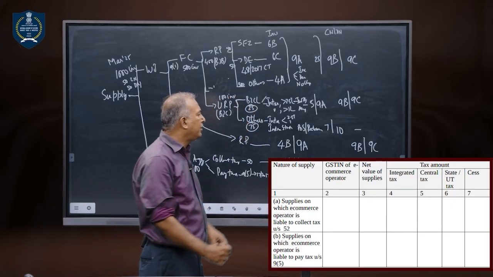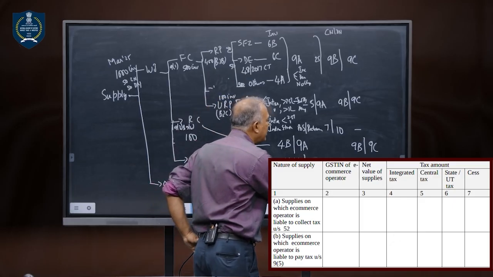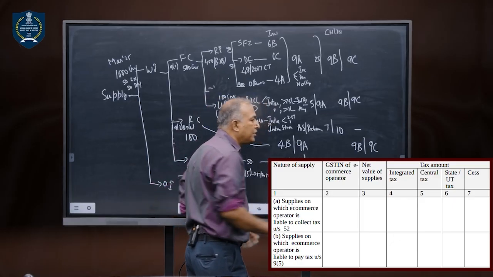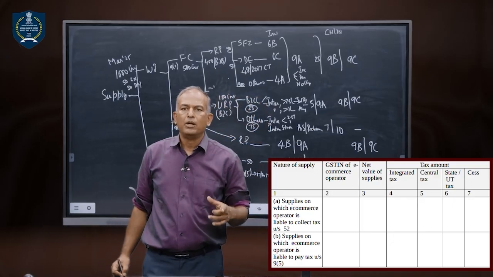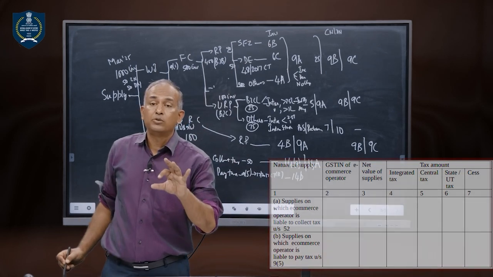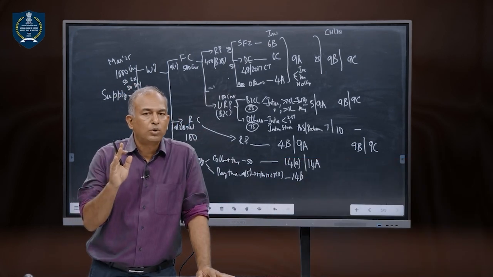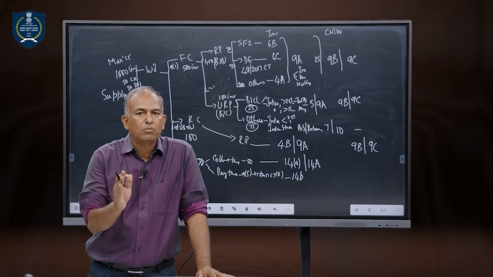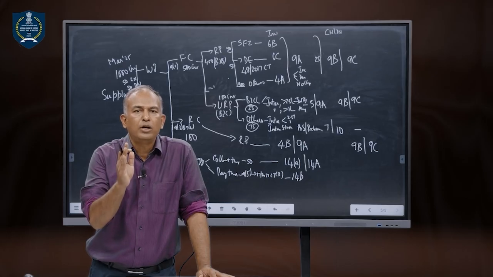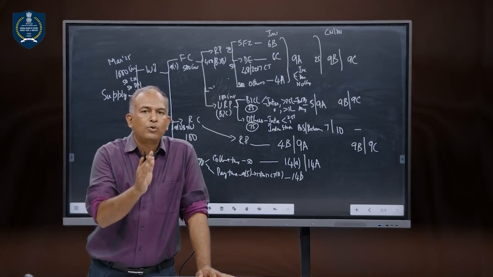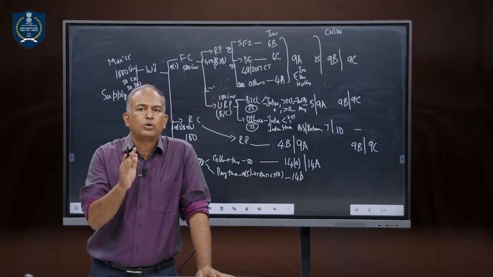Can I make a mistake? Definitely. The mistake is corrected in a table, and you need to always remember this. Whenever I talk to you about R1A, you need to remember that it is applicable only from August 2024. It is not there before August 2024.